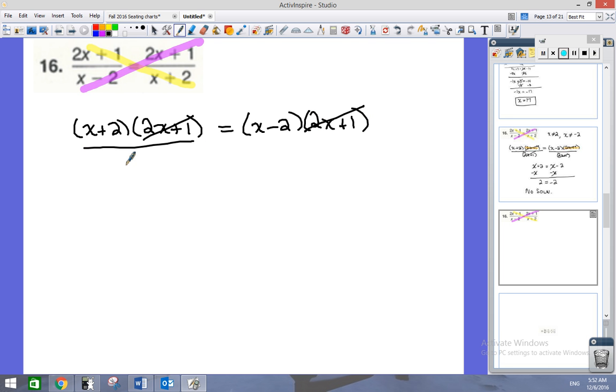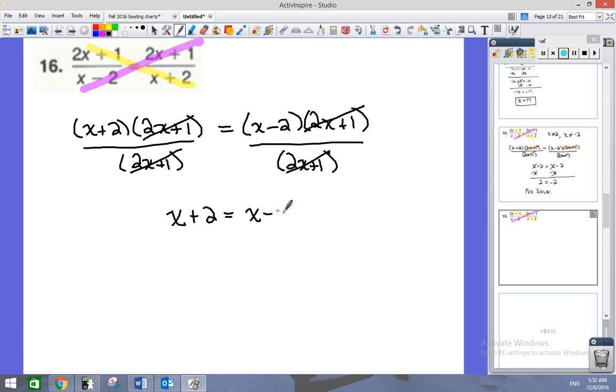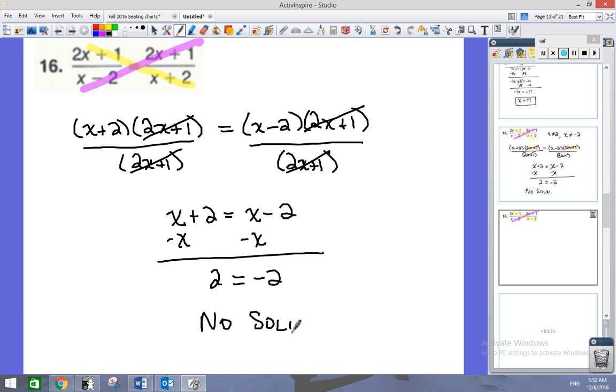If I divide this side by 2x plus 1 and divide this side by 2x plus 1, so I'm still getting no solution. So I disagree with the answer key. I claim no solution.